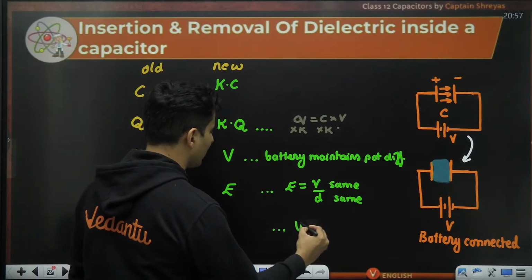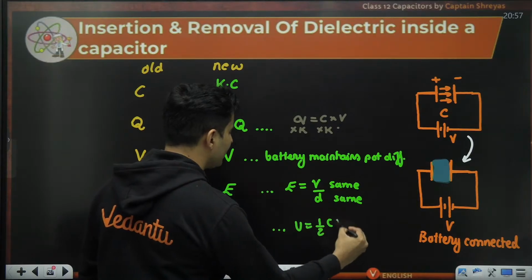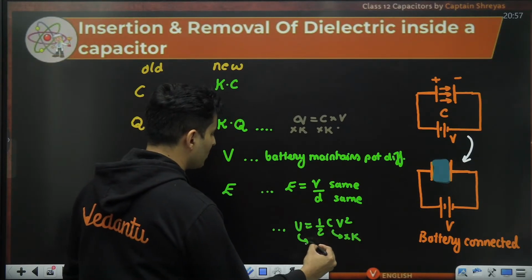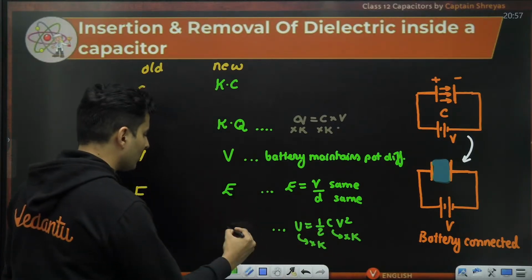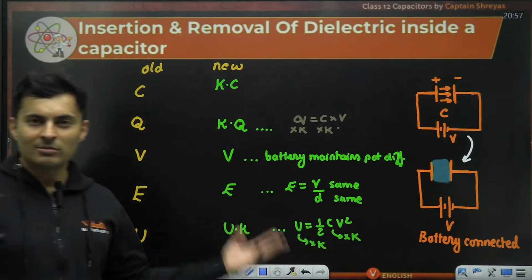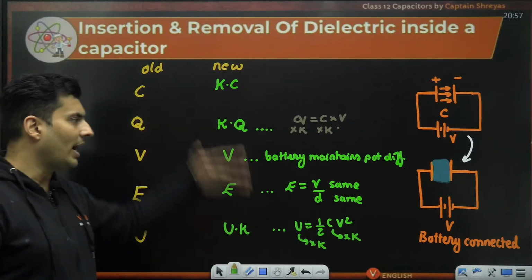So why not use energy is equal to half CV squared. Capacitance increased K times, so energy should also increase K times. So the energy will become K times of U. That's it. This is what happens when you add a dielectric.